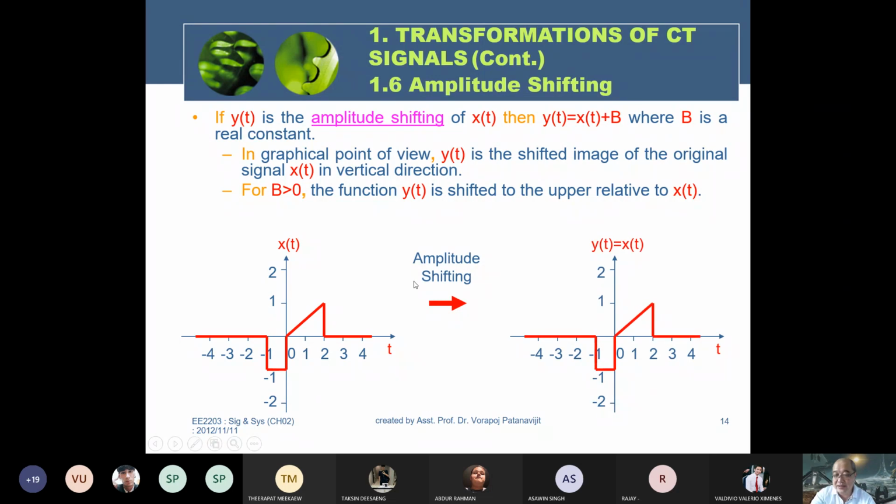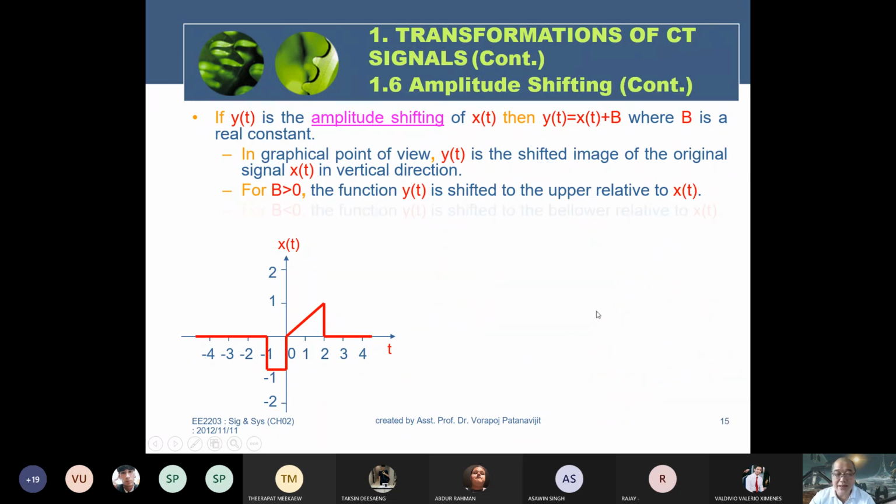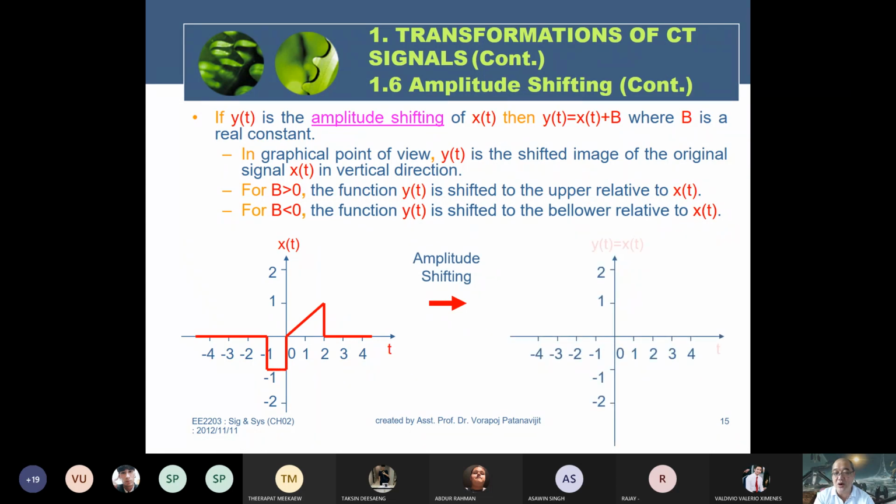If yt is equal to xt plus 1, you add 1 to every point in xt. You shift the graph up by 1 position. But in another case, if b is negative, the function yt is shifted lower relative to xt.